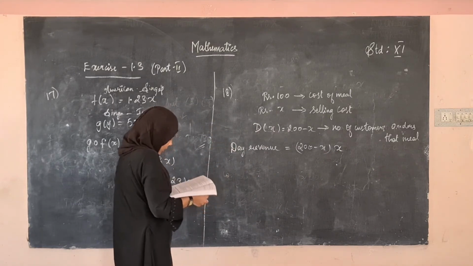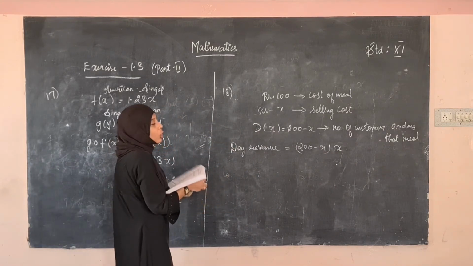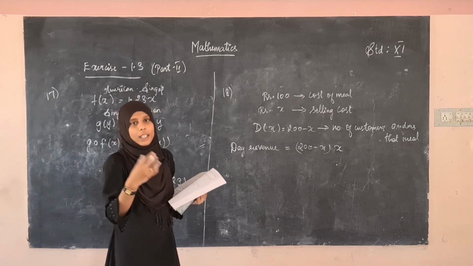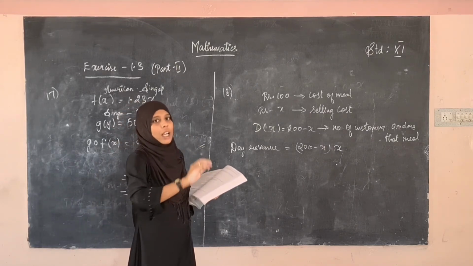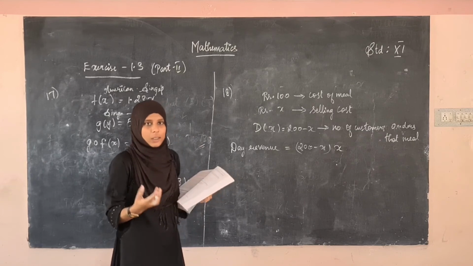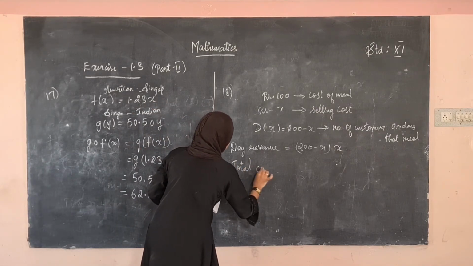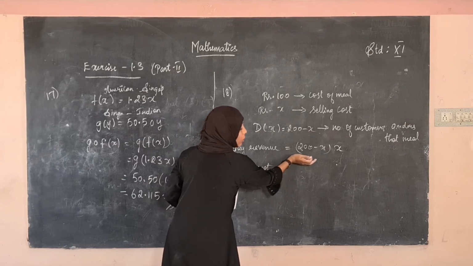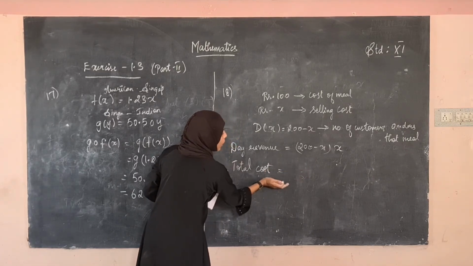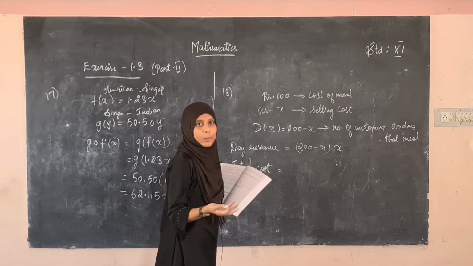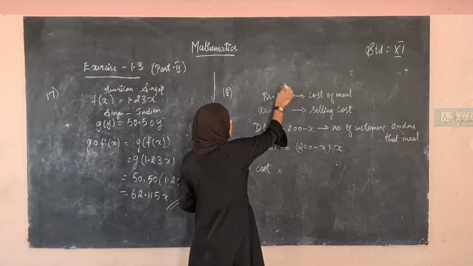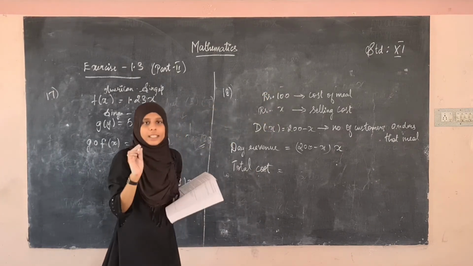Okay, and then we have to find the total cost. Total cost means how much cost you incurred for that meal that day. See, to prepare a particular meal it takes rupees 100.